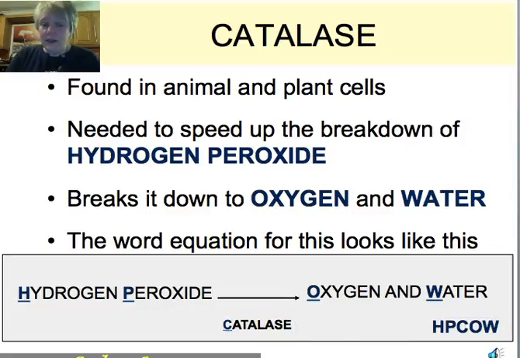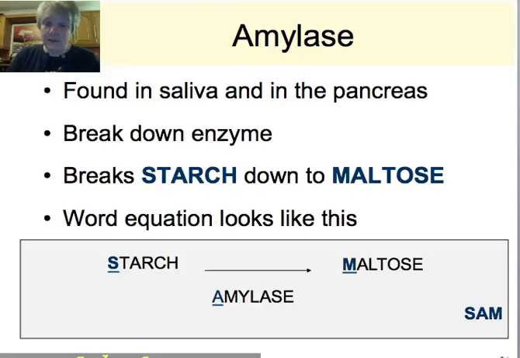The next enzyme that you need to know about is the enzyme amylase. And amylase is actually found in your saliva in your mouth. It's also produced by your pancreas, and it's a breakdown enzyme as well. And it's involved in breaking down starch to maltose.